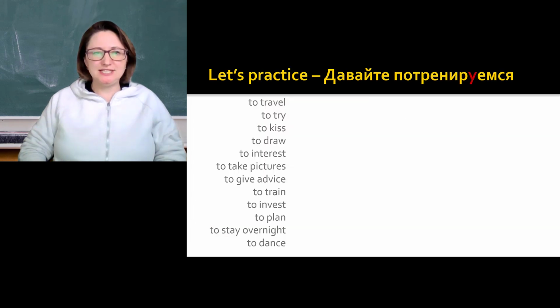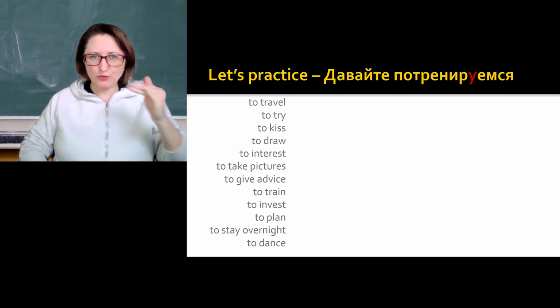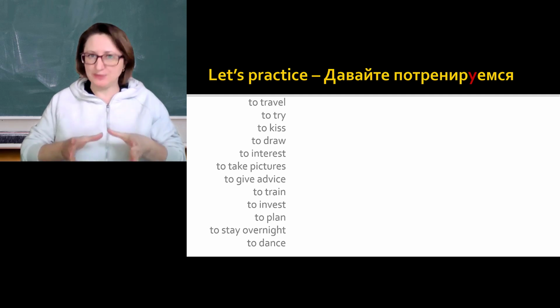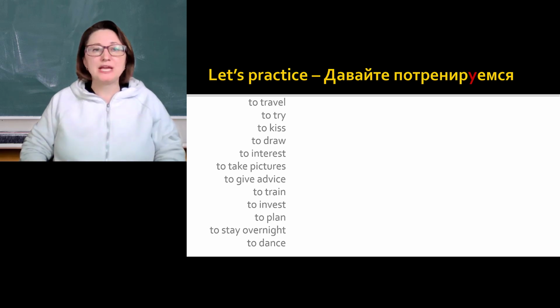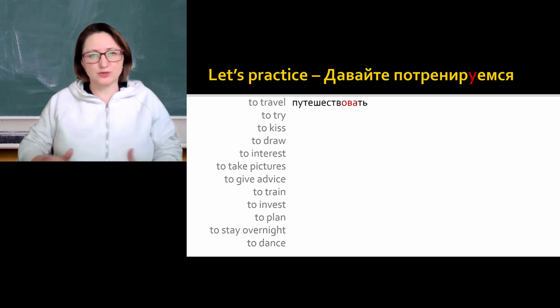So here you see some verbs that I selected from that list, and you see them in English, and we'll go over them one after another about what they mean in Russian, and then we're going to practice conjugating them. So to travel in Russian is путешествовать. And that means to travel for pleasure, like as a tourist, where you go somewhere to have fun while traveling.